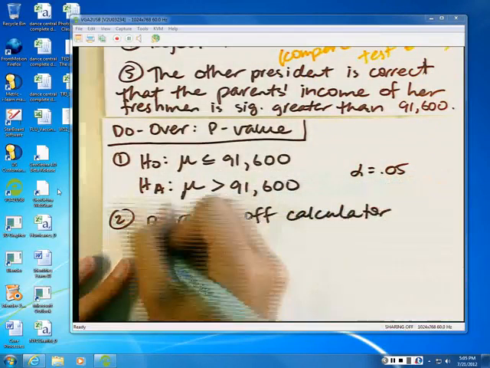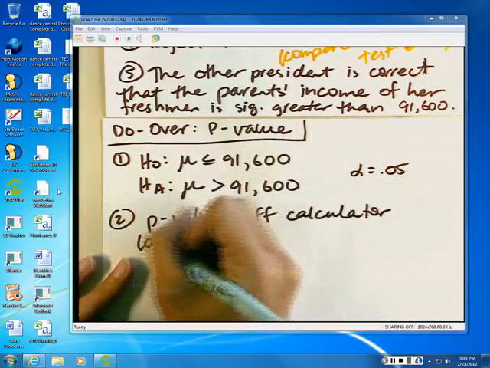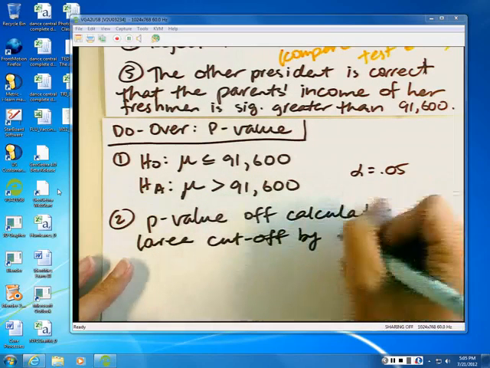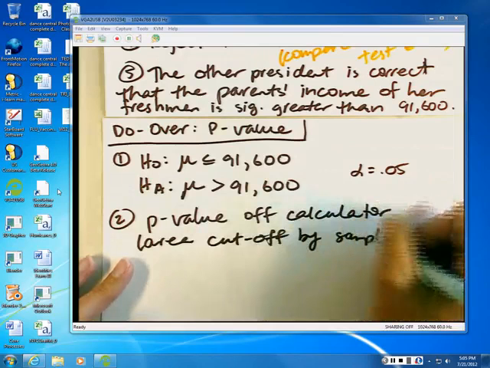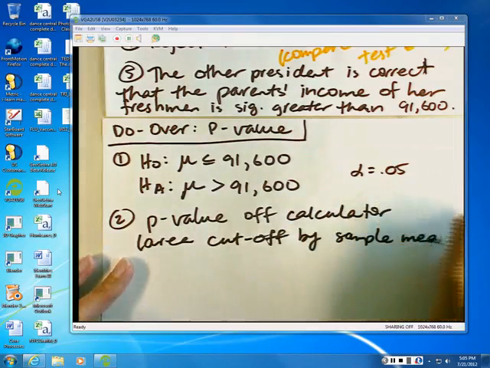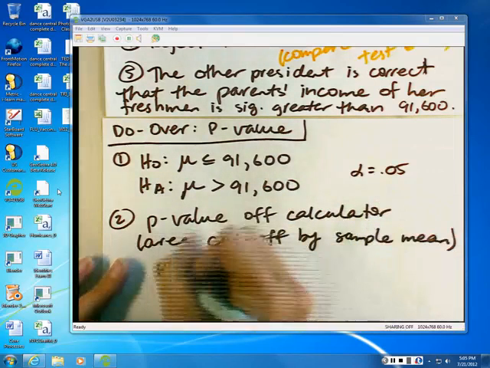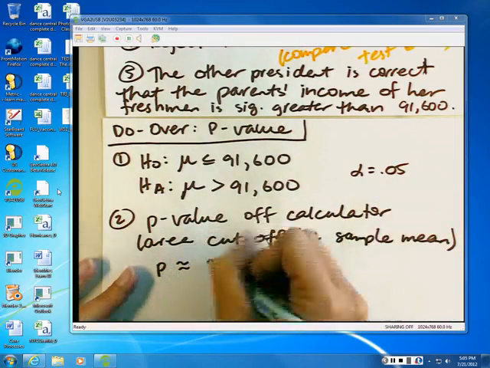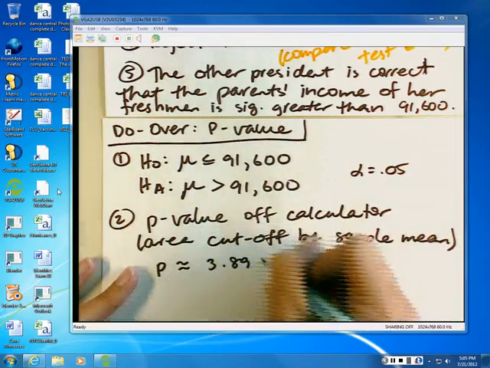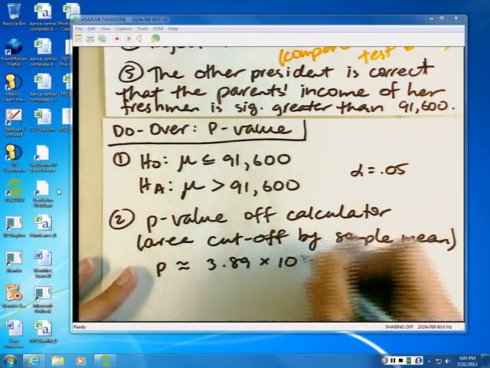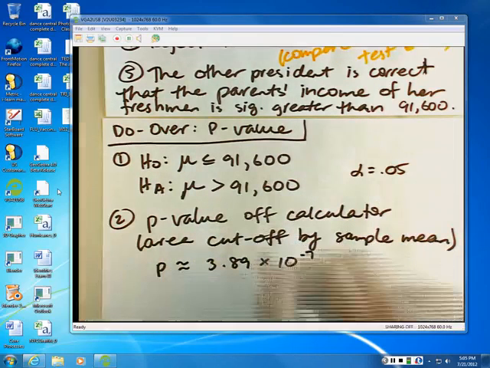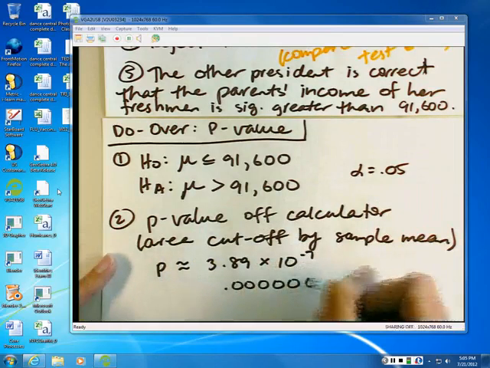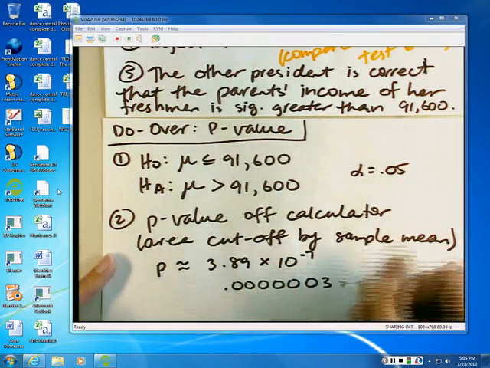And remember, this is the area cut off by, in this case, the sample mean. Okay, so the p-value is 3.89 times 10 to the negative 7. It's teeny tiny, 0.1, 2, 3, 4, 5, 6, 7, until I get to that decimal place, 8, 9.